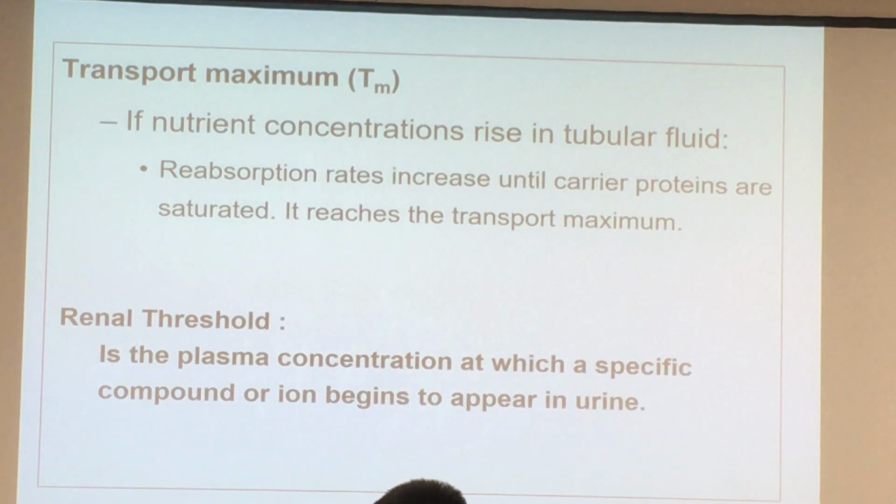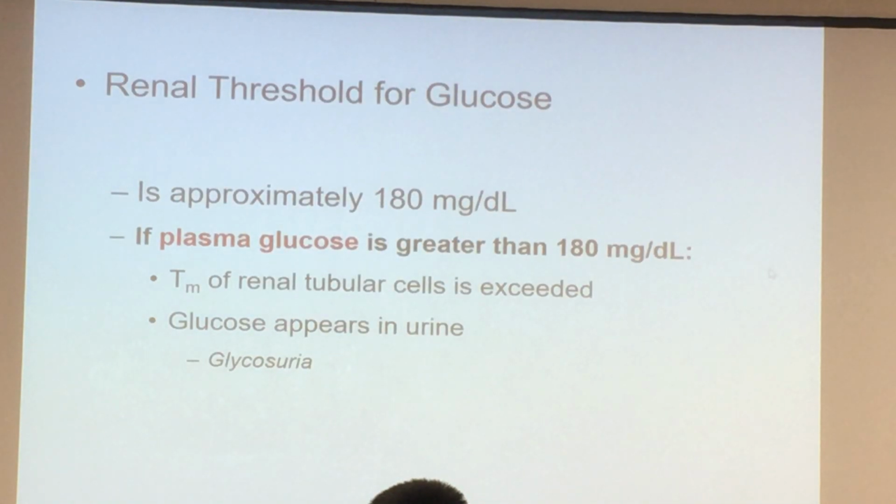Now we have a limit to reabsorb any kind of material, which we call the threshold maximum. We call it the threshold. That means for sugar or any kind of nutrient, we can take it back, but we have a limit. Okay. The threshold is about 180 milligrams per dL.